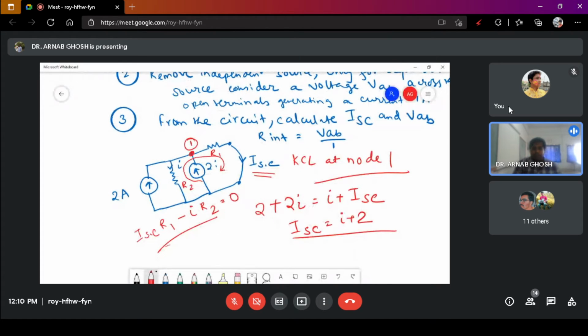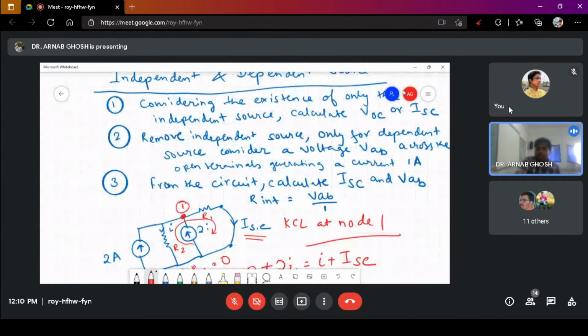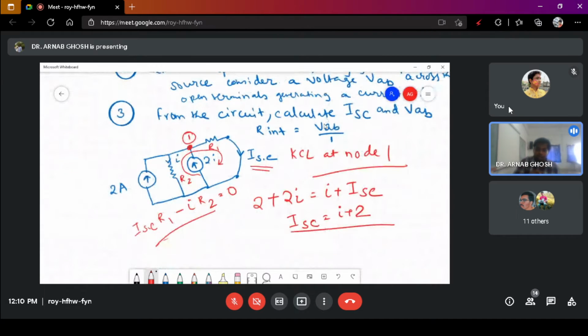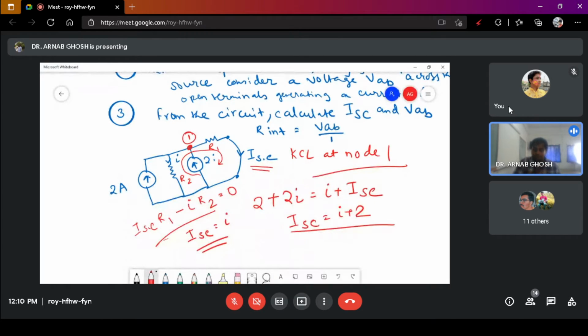Now you see, R1 and R2 are given to you as equal. Look at the problem, R1 is equal to R2. So if R1 is equal to R2, then your ISC becomes equal to I. Therefore, what does the value of ISC become?